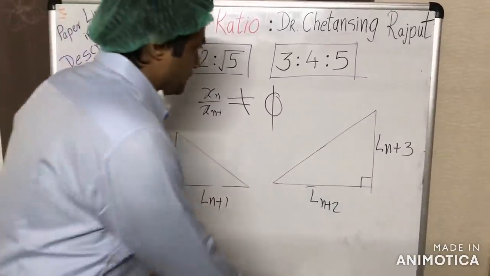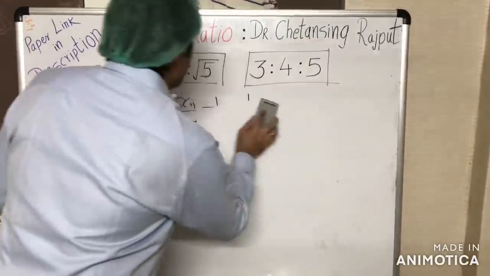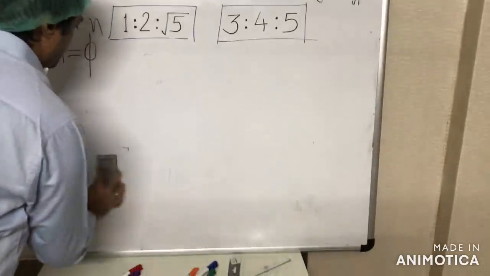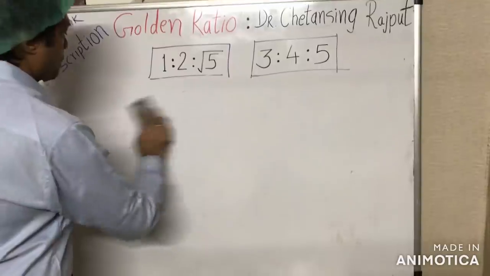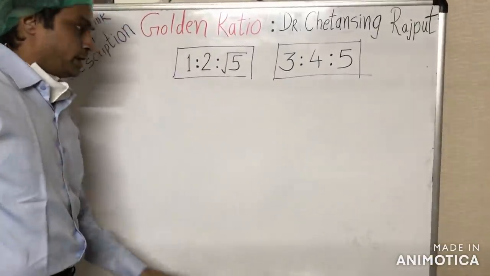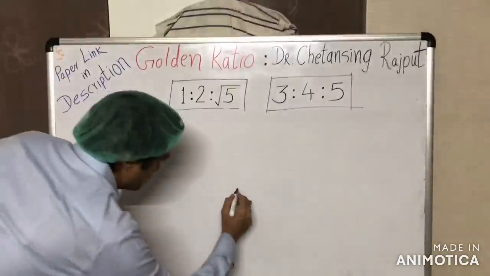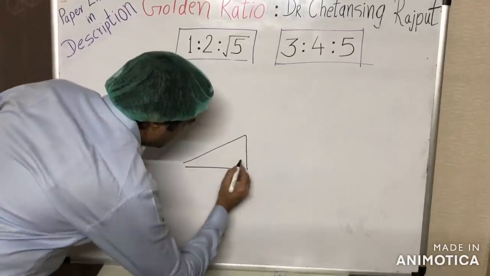Okay, one more thing I want to mention. You must have heard about doubling of the angle. If an acute angle of a right triangle is doubled, its hypotenuse gets squared. Like, consider a right triangle.